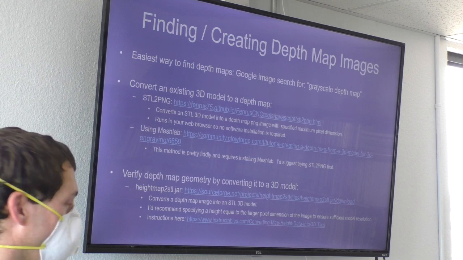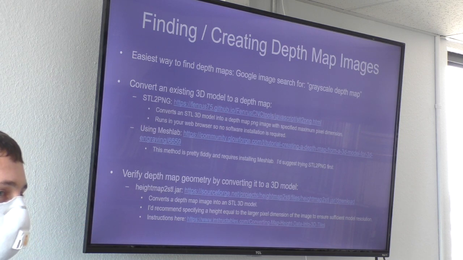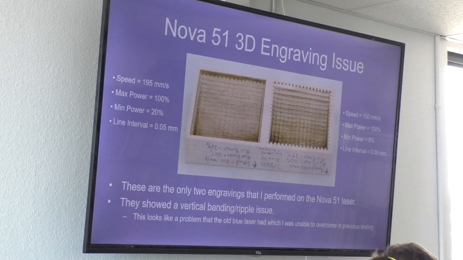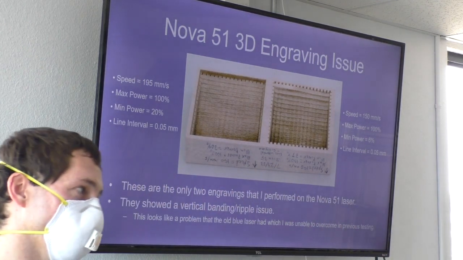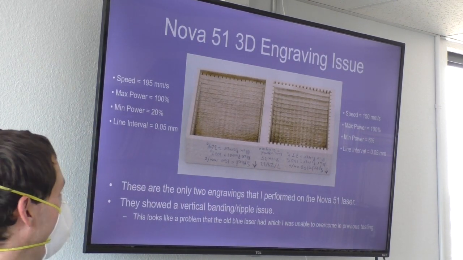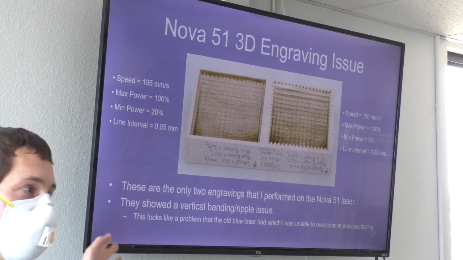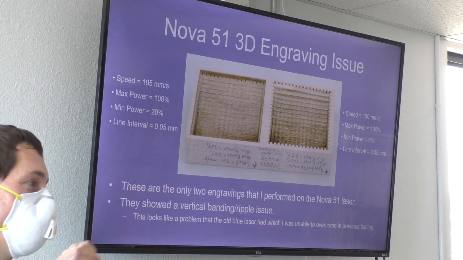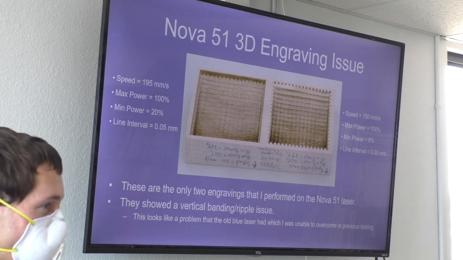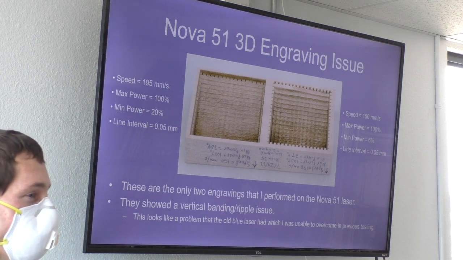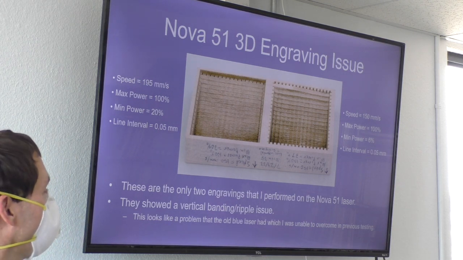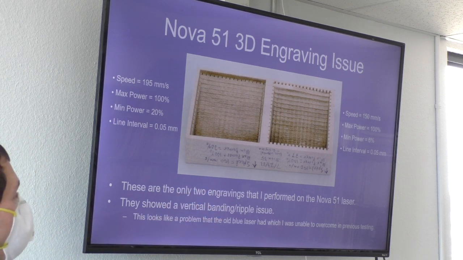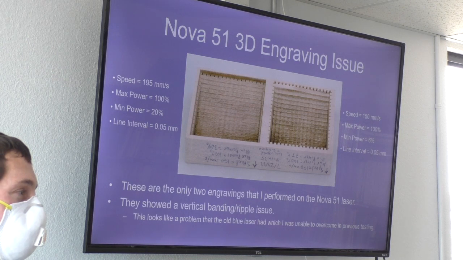Any more questions on this part? All right, final slide. The Nova 51 we were asking about, the reason I didn't use it for any of my testing was it has this vertical ripple issue, and you noticed it immediately when I sent the piece around. One of the pieces that went around shows this ripple, and I don't know exactly what causes it.